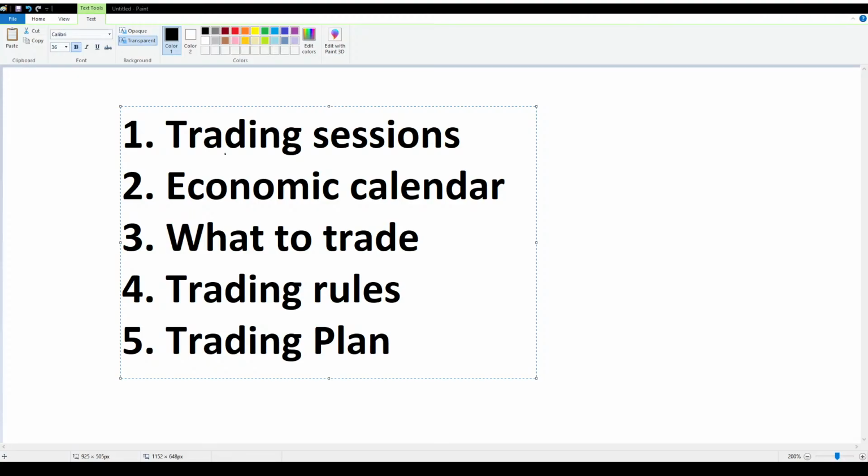There are currencies that work in the New York session, but they won't work in the London or the Tokyo session, and vice versa. So when you're trying to decide what to trade, you need to start looking at the different trading sessions and what is active in that trading session.